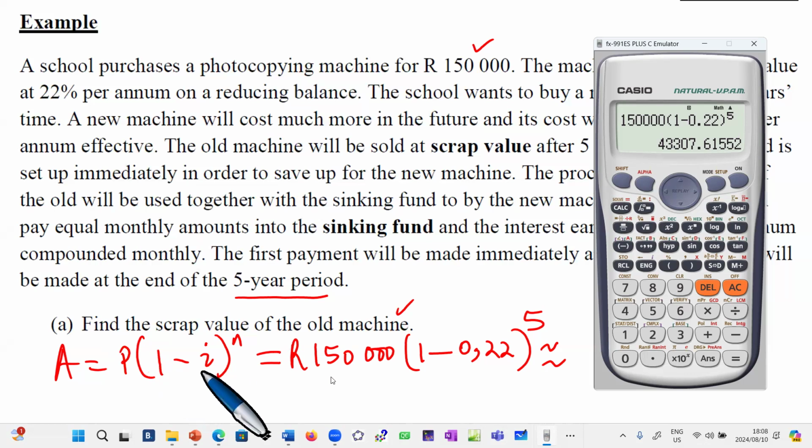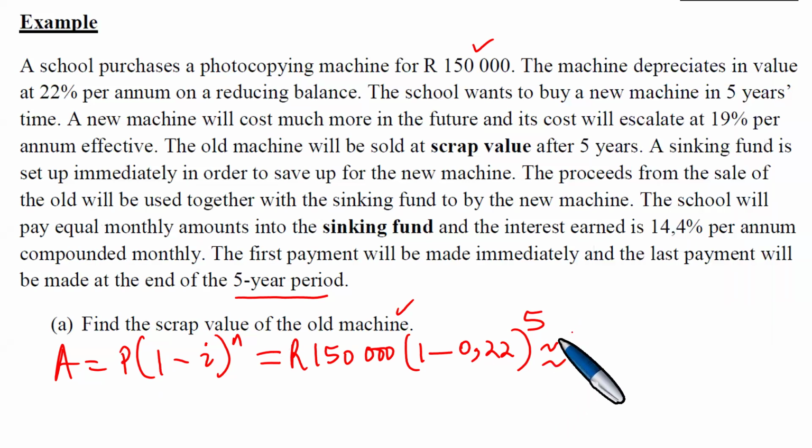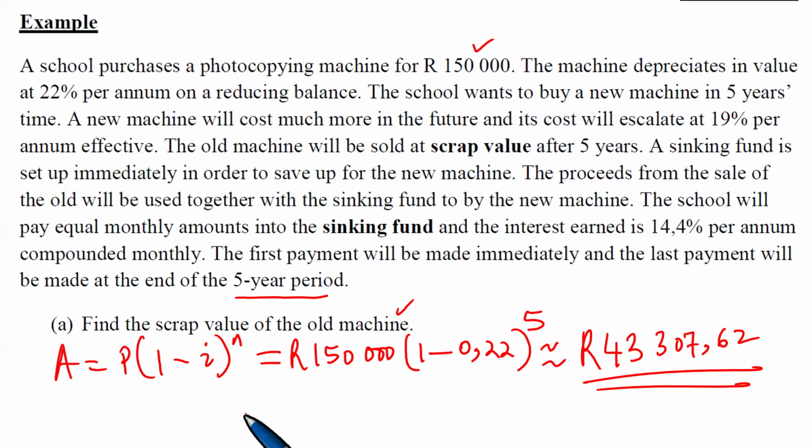So this old machine will depreciate on the reducing balance, and its value will become exactly 43,307.62. So this becomes the actual scrap value of the old machine.